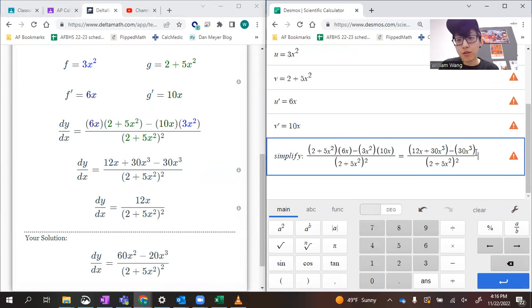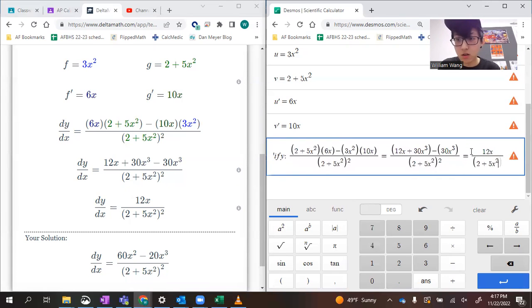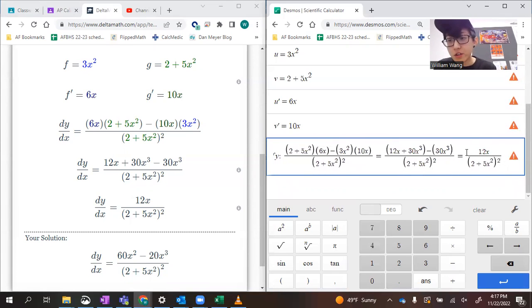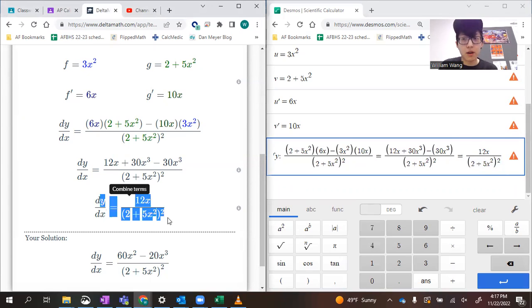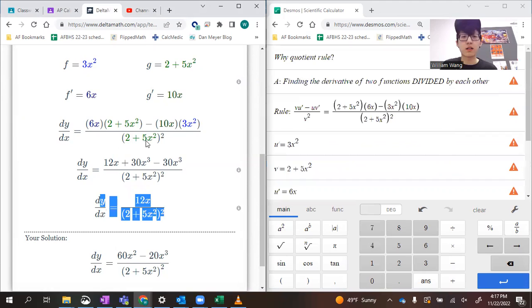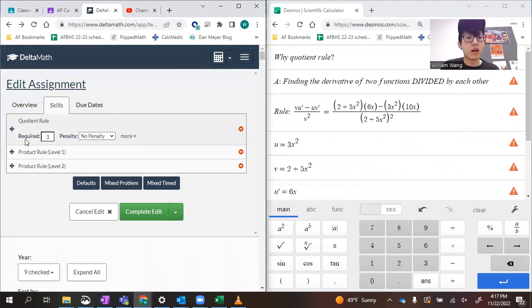Excellent. Now, 12x plus 30x cubed minus 30x cubed, so the 30x cubes just cancel each other out. So all I'm left with in the numerator is 12x. So this should be my simplified answer, which you can see right here. Hopefully that makes sense and clarifies some things on the simplification.